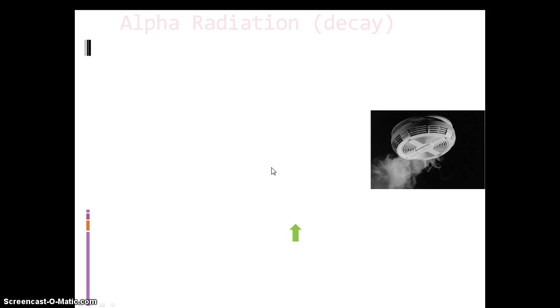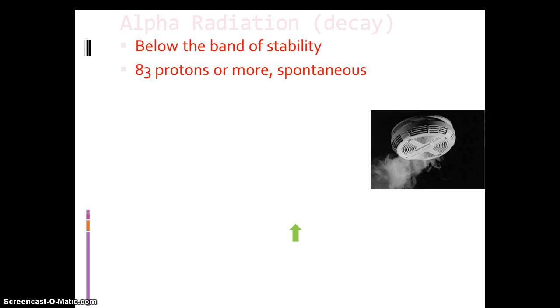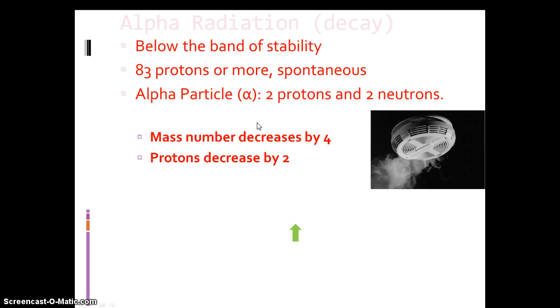Those elements are typically located below the band of stability, and are usually higher than element number 83. So 84 and beyond are typically the elements that tend to decay in this way.